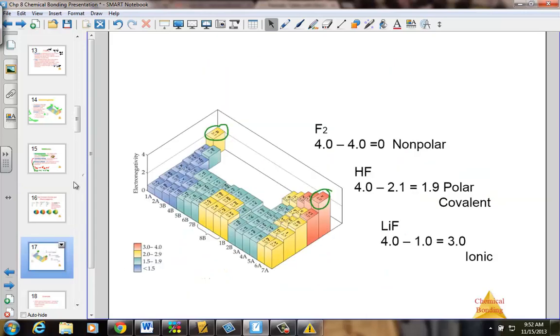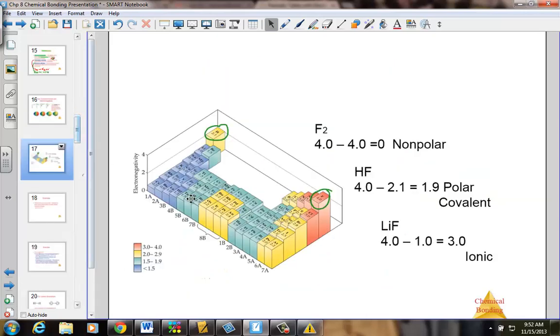Polarity simply means in a shared pair of electrons who has greater control. If I subtract the two atoms in a bond and they come out to be exactly 0, it's a nonpolar bond. If I subtract the two atoms in a bond and it lies in a range of 0.4 to 2.1, we have a polar covalent bond.